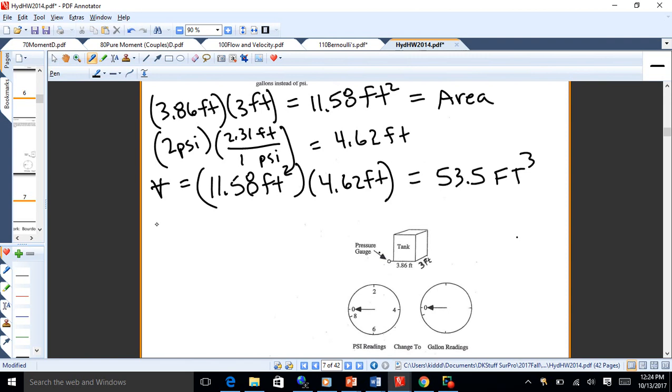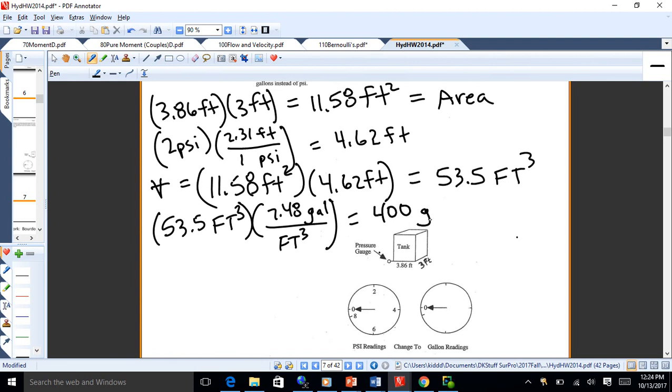Now we want gallons, so I take the 53.5 cubic feet, and there's 7.48 gallons in a cubic foot. Okay, so if you multiply that through, you get 400 gallons. So when that gauge reads 2 psi, what you've got in there is 400 gallons.